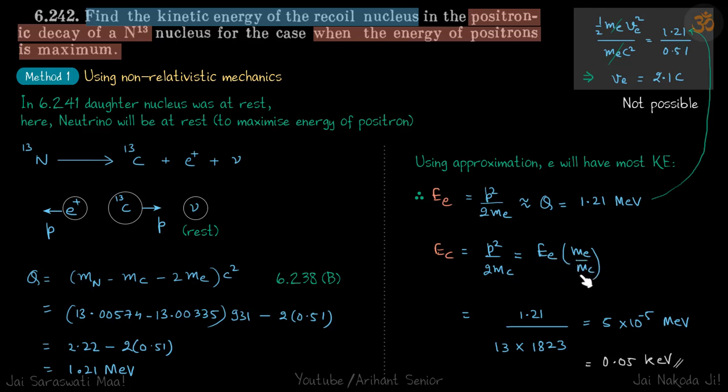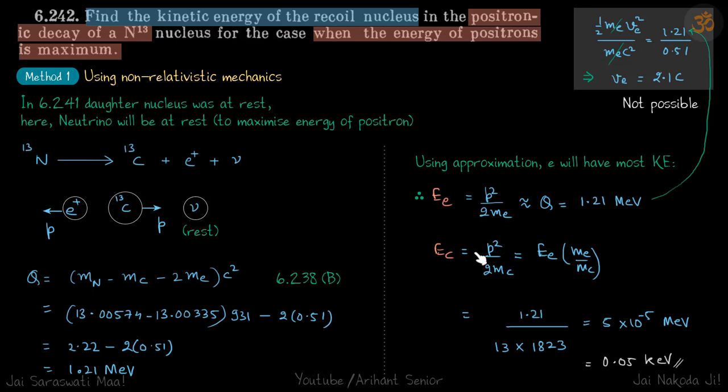So now if we just put the values, we'll put the value of Ee here and me and mc also. Carbon with mass number 13 is 13 into 1823 times larger than mass of electron. So we simplify that and we get the answer 0.05 kilo electron volt. So this is the energy of carbon.